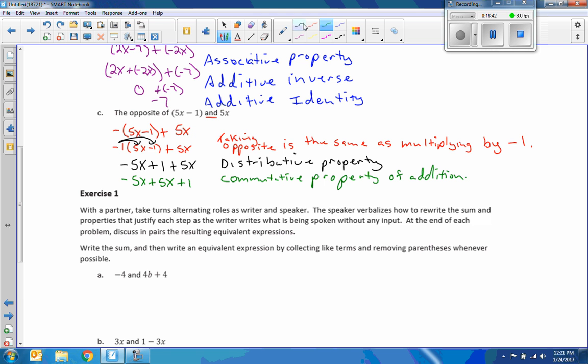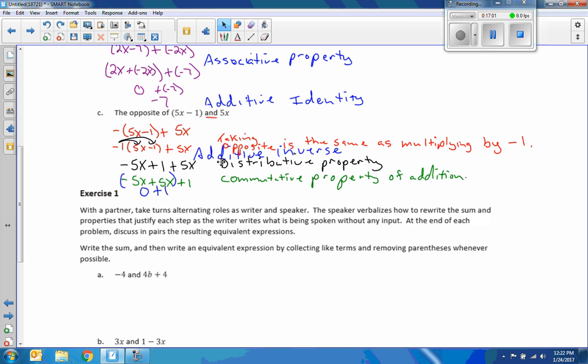Okay, and moving right along, if I add these, negative 5x plus 5x is 0 plus 1. Let me just move that up a little, we're running out of room. That's the additive inverse, so just to save time, I added inverses, negative 5x plus 5x, and got our identity 0.